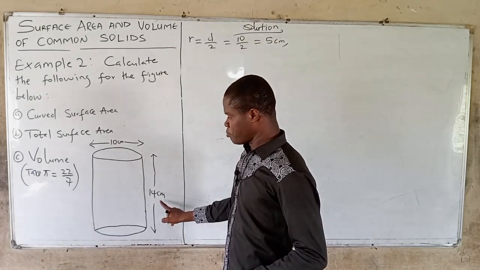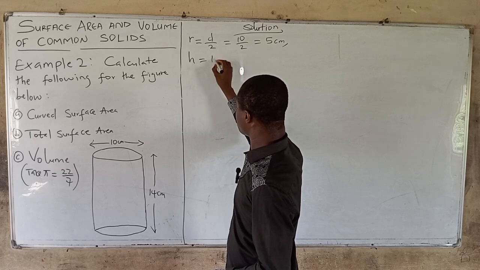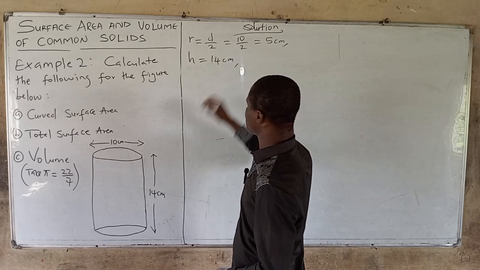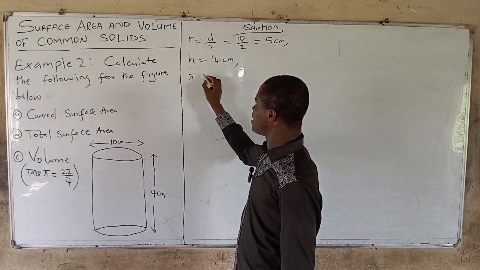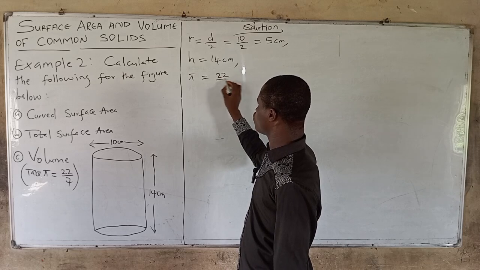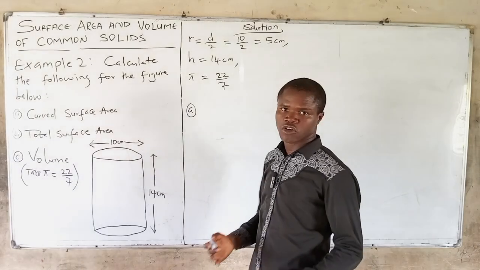The next parameter we need is our height. H is giving us 14 centimeter. And then we are given pi. Our pi is equal to 22/7. We can now proceed to solve the first question.